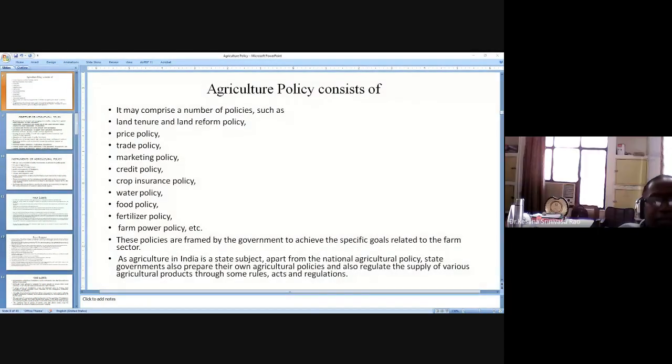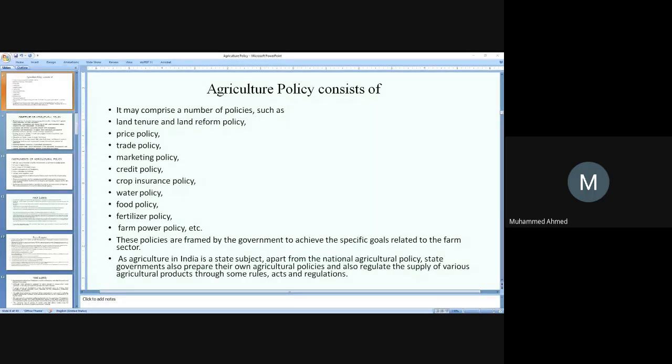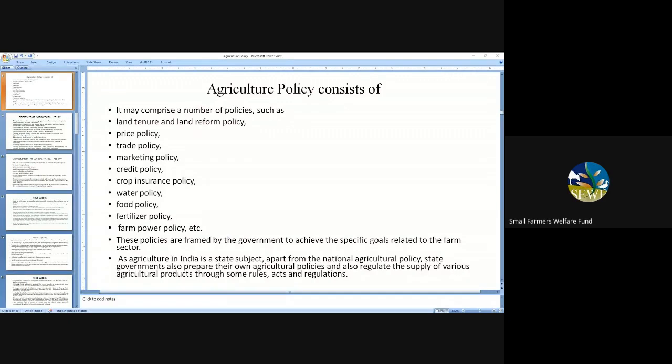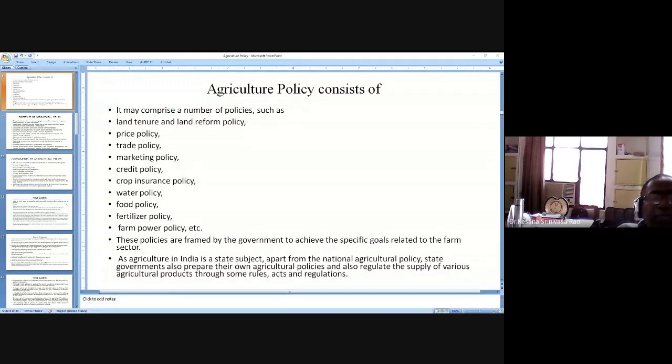Yes, doctor. As agriculture in India is a state subject, as we have discussed, apart from the national agriculture policy, state governments also prepare their own agriculture policies and also regulate the supply of various agriculture products through some rules, acts, and regulations.